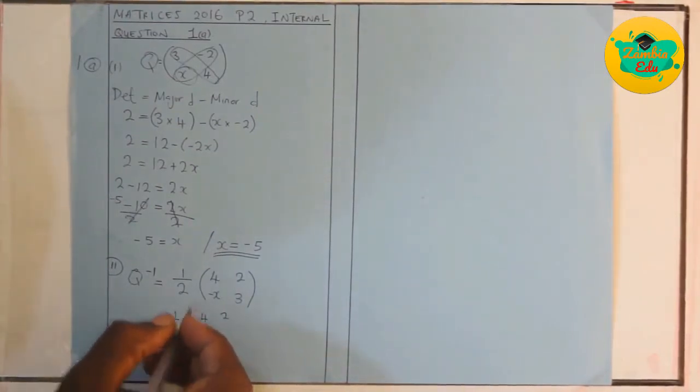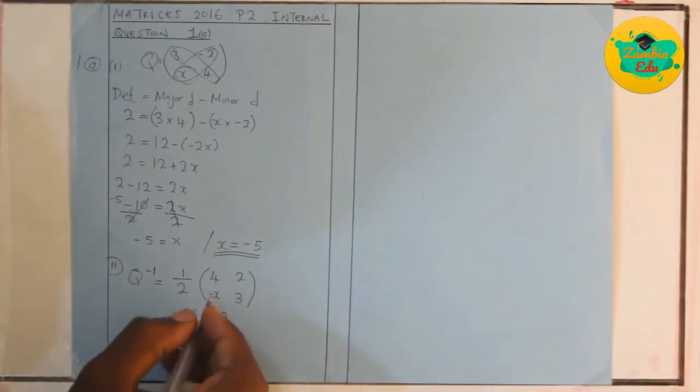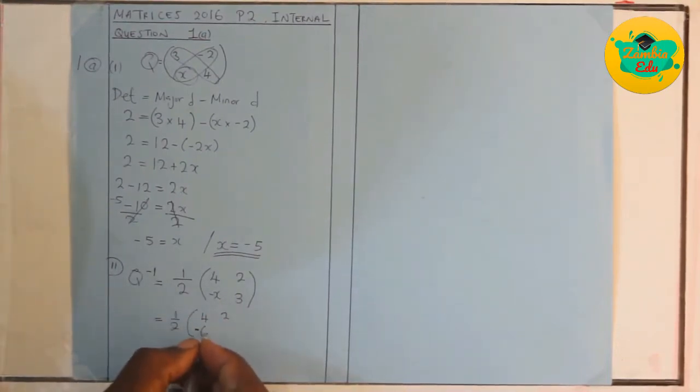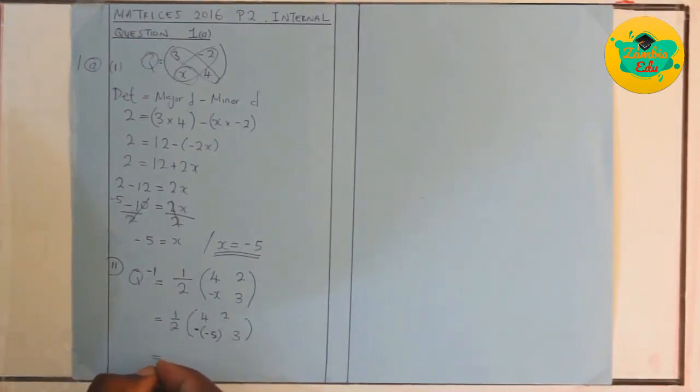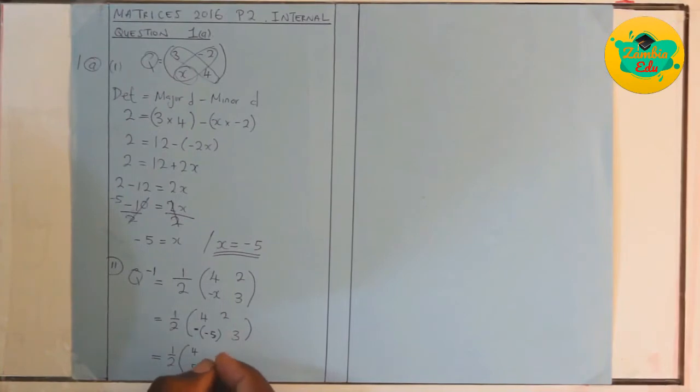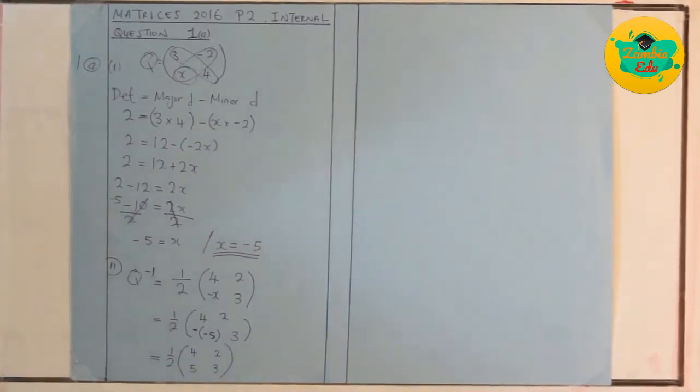This negative is the negative which is on x. However, x on its own also has another negative 5 inside there. And then we have 3. So if it's to write the answer now, we would say 1 over 2, open bracket, 4, 5, 2, 3.